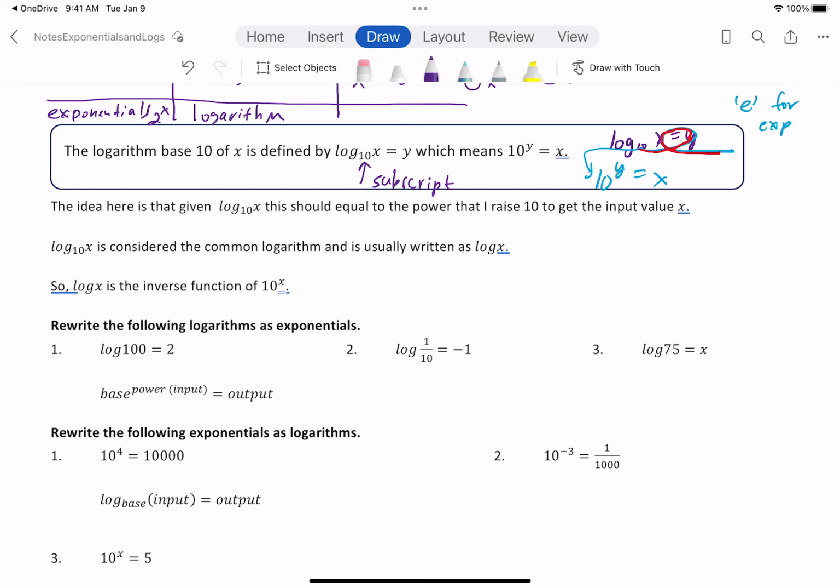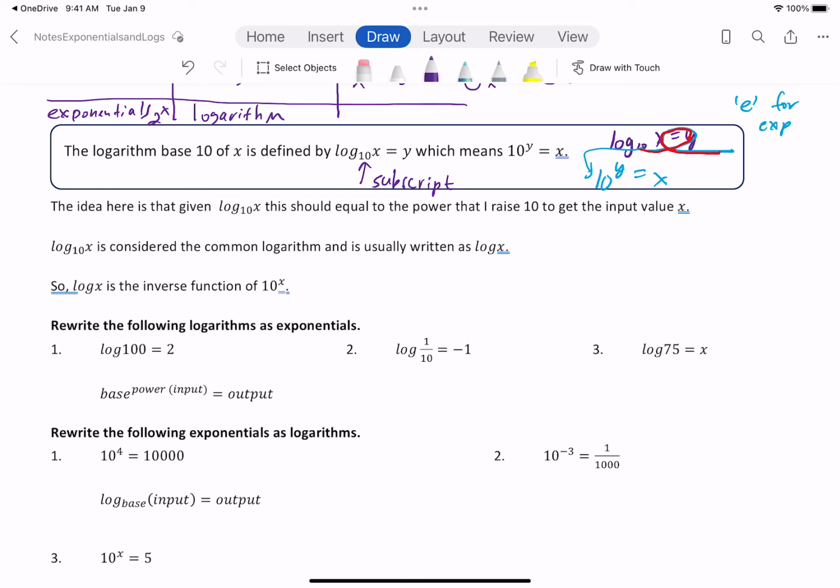The idea behind this is, if we're given log base 10 of x, that should equal the power that I need to raise 10 to in order to get that input value of x. So that's what we're trying to solve for.